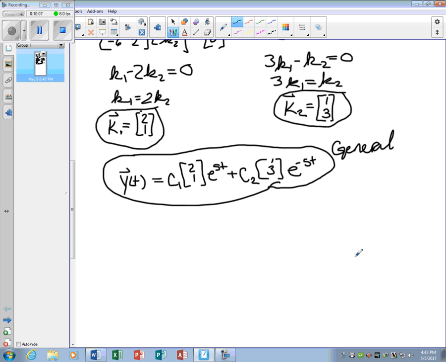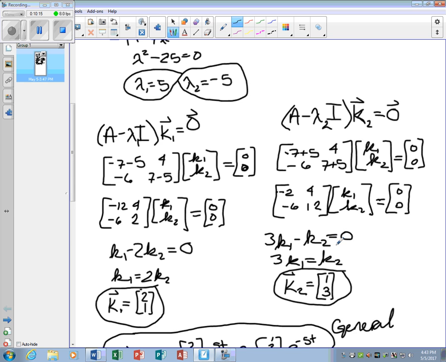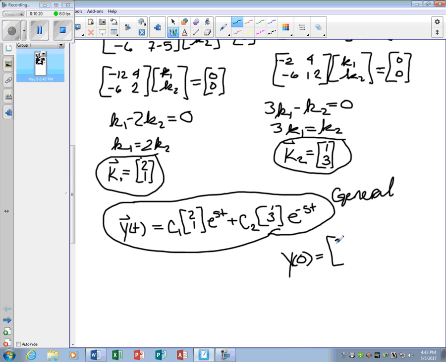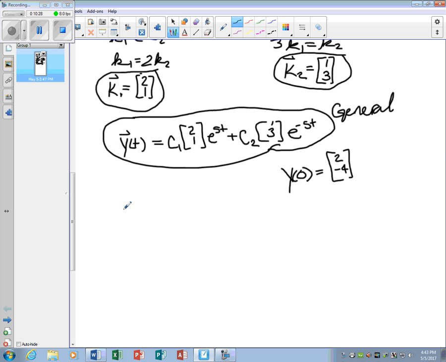So now we have our initial value, which said that y of 0 equaled, let's look at it back up here, 2, -4. So put that in here. So we're saying that the vector y of t equals 2, -4.